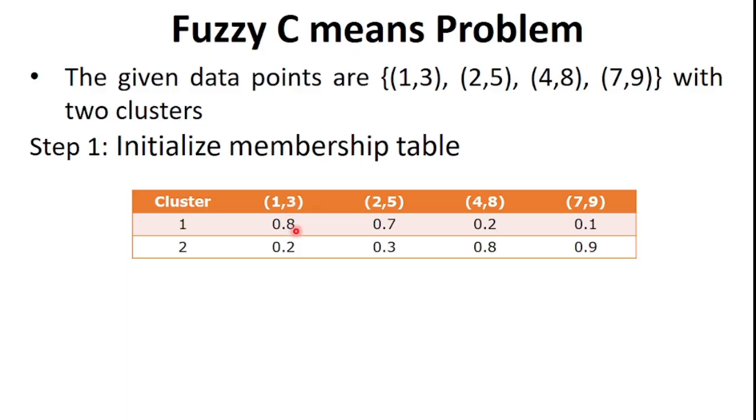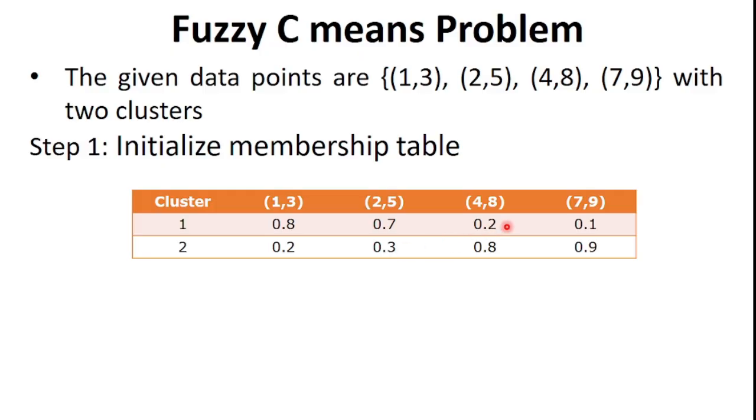It belongs to the first cluster with a probability of 0.8 and it belongs to the second cluster with a probability of 0.2. This 0.8 and 0.2 we are going to call the membership value. Same way, data point 2, 5 belongs to the first cluster with a membership value of 0.7 and the second cluster with a value of 0.3.